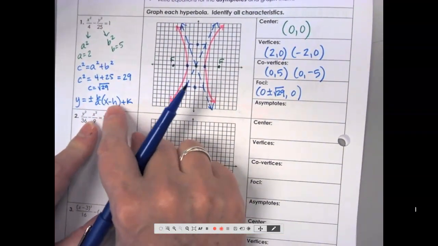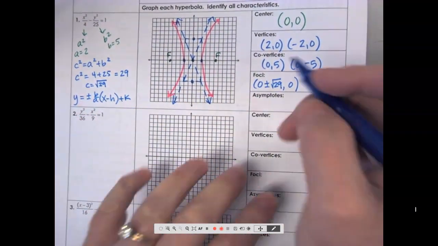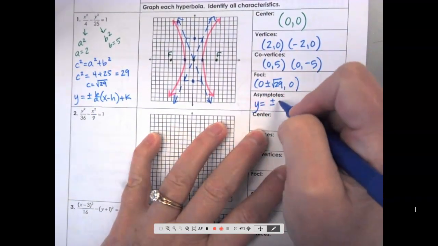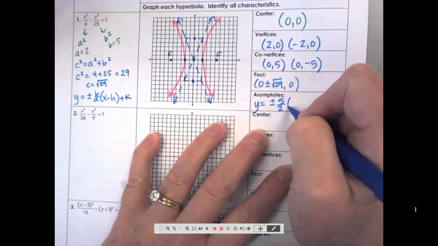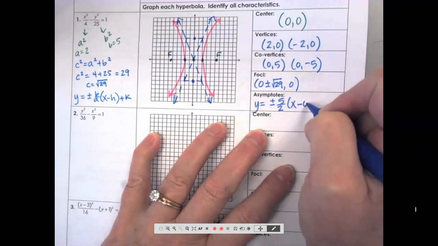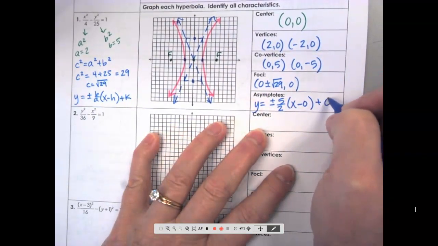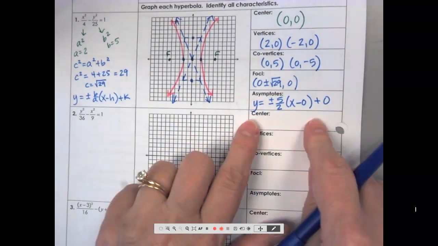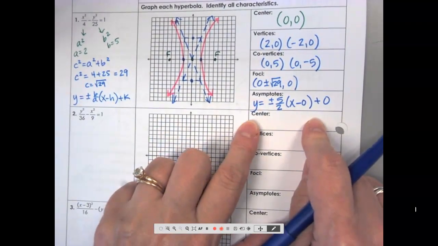And this is just a point slope form of a line. Just another way of writing the equation of a line. So I'm going to have plus or minus 5 over 2, x minus h was 0, plus k is also 0. Now, I am fine if you want to leave your equation like that.